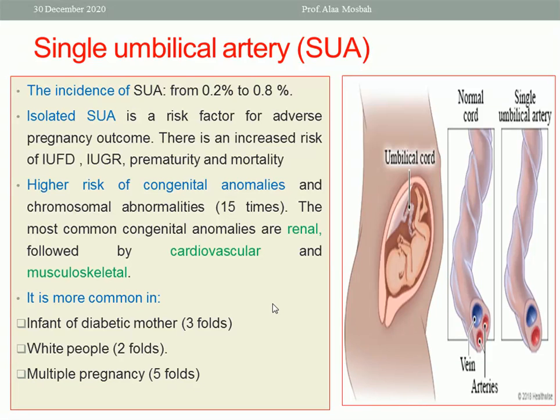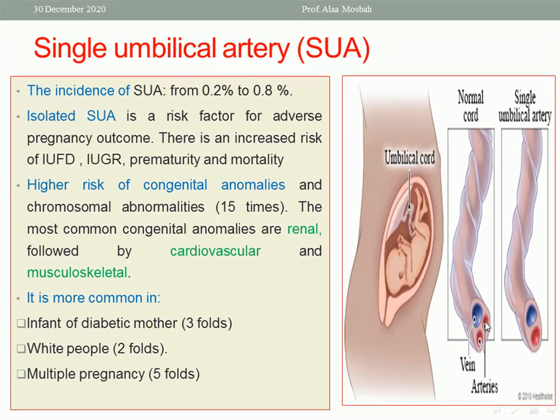It is important to note that single umbilical artery is more common in infants of diabetic mothers, threefold, in white people, twofold increase, and in multiple pregnancy, fivefold increase. In this picture, you can see the difference between a normal cord and a single umbilical artery cord.